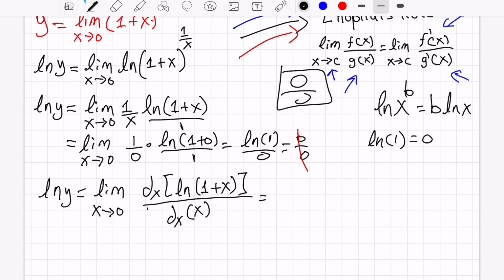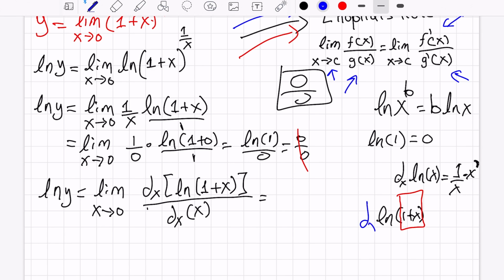When I do that, keep in mind that the derivative of ln x is equal to 1 over x times x prime, the derivative of x as well. So if ln(1 + x) happens to be all of this, that is what we consider x now.